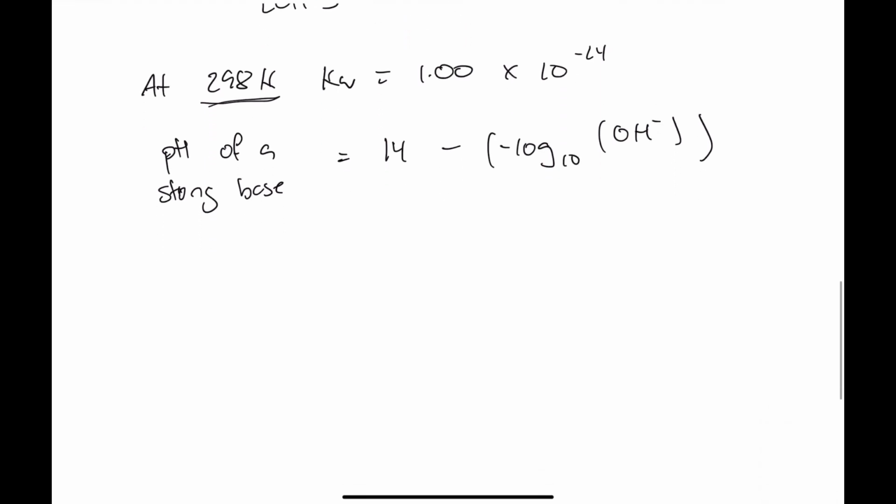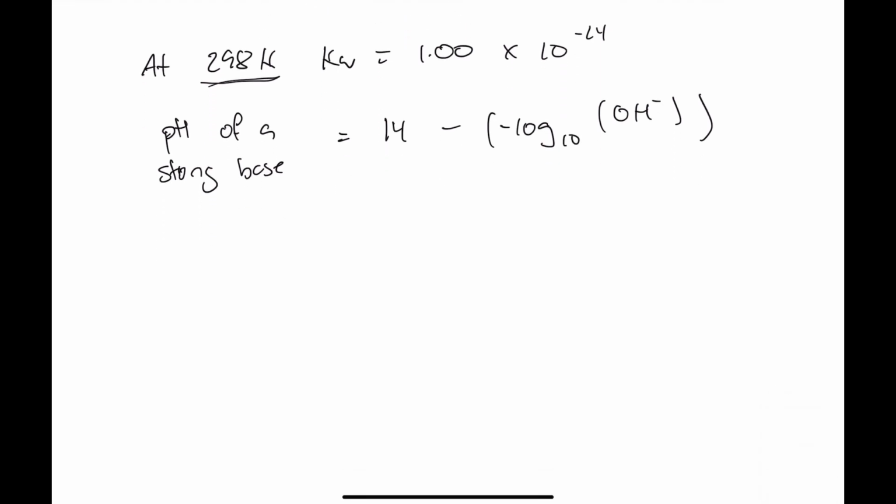So you can use this in the exam, 14 minus the negative log of the OH minus concentration, but I think what I'll write down now is a better formula because it'll work at any temperature.